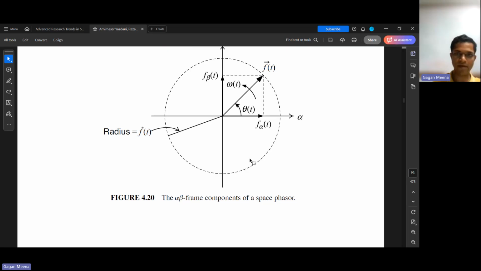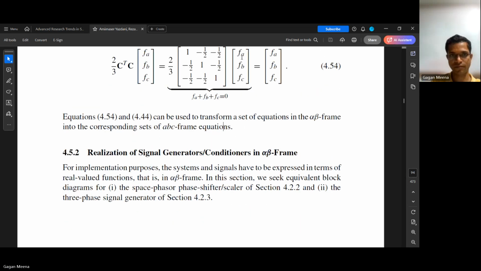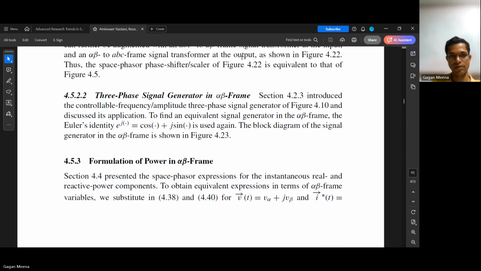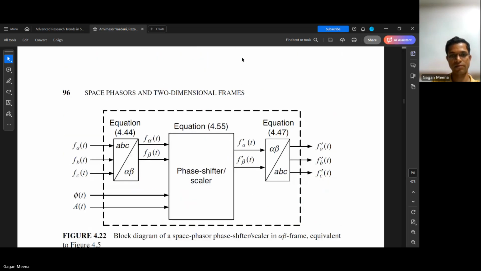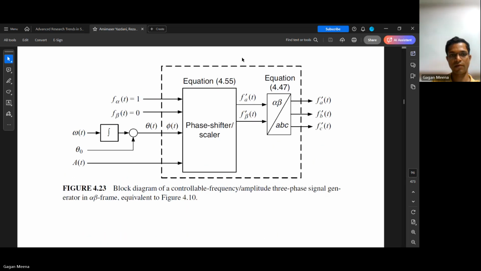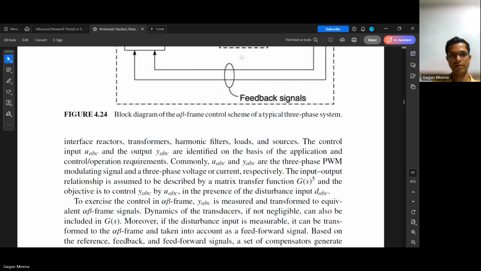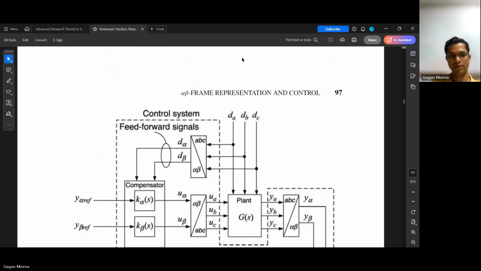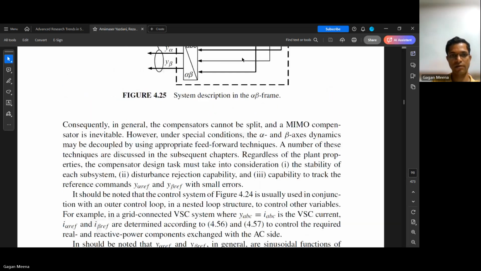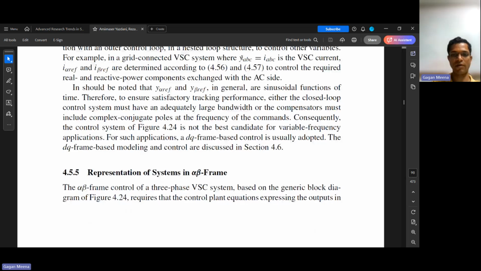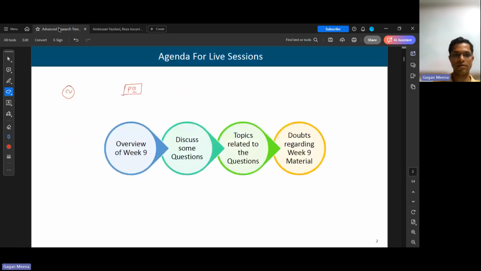so the phasor can be represented as alpha beta. So alpha beta is also called, we have alpha beta and DQ frame of reference.